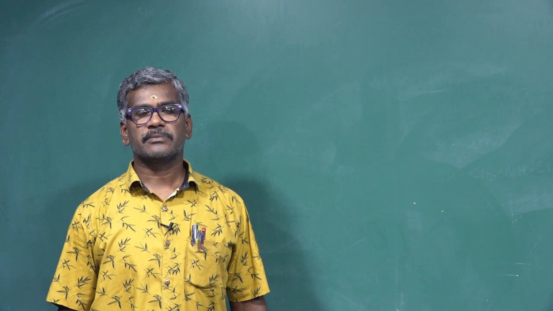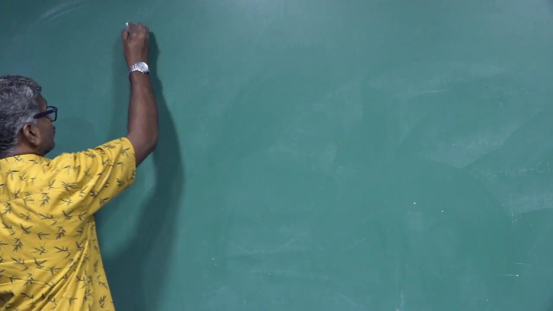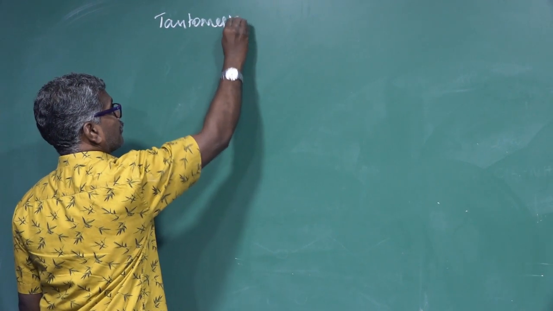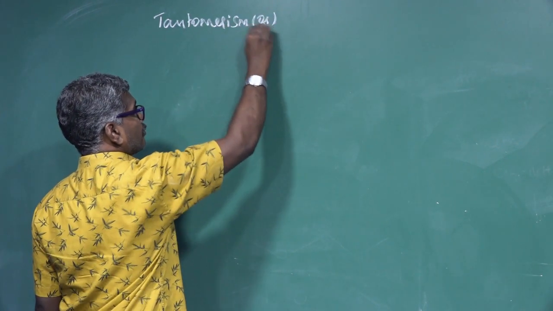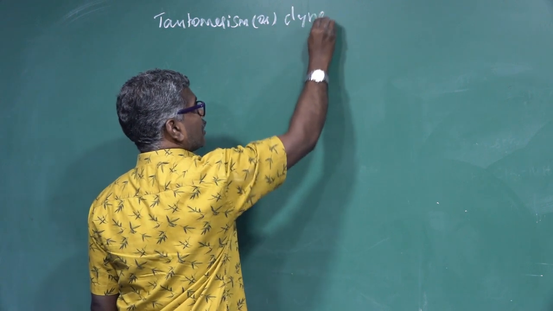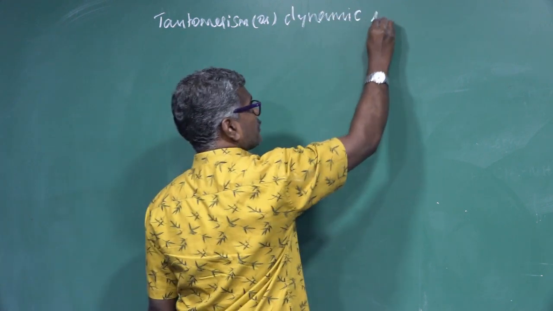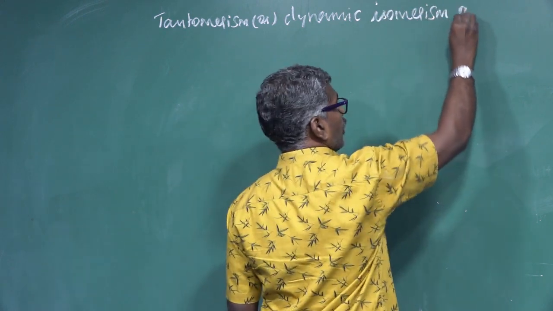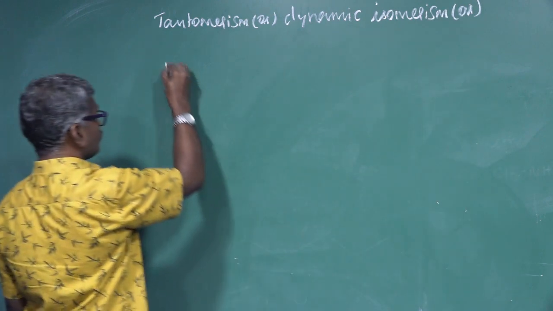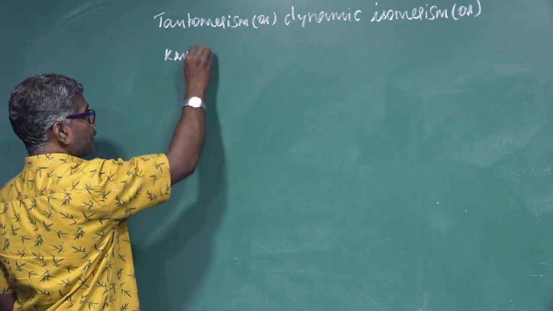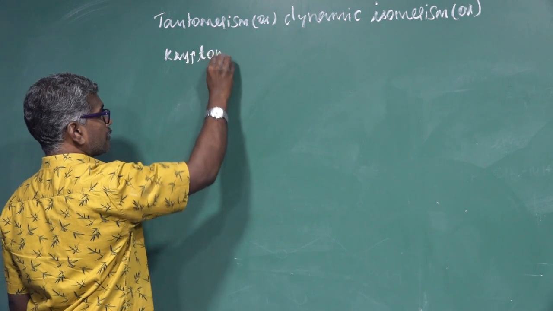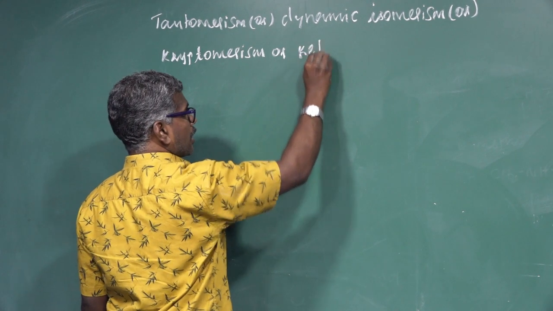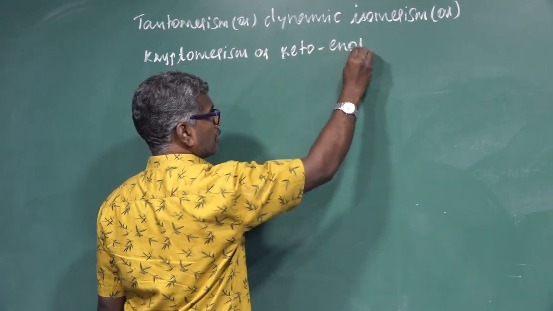Next, isomerism: tautomerism, or dynamic isomerism, or keto-enol tautomerism.